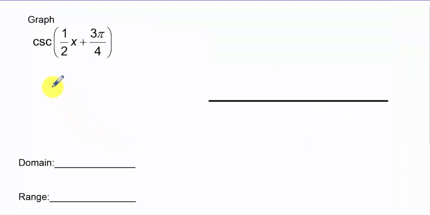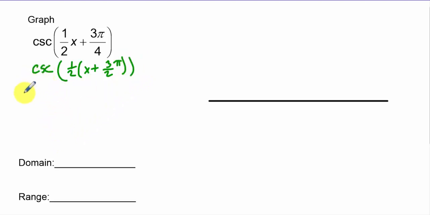Now we graph a cosecant, where in terms of radians, it's not in the correct form. We'll go ahead and factor. Like so. Now I'll get my values going here.